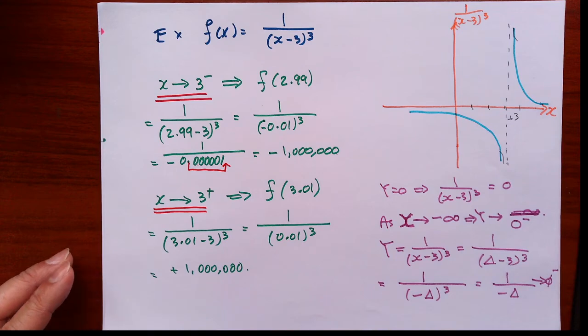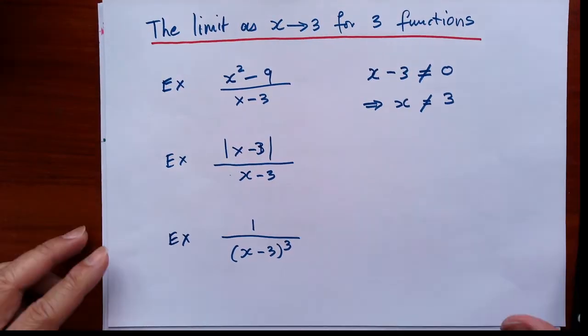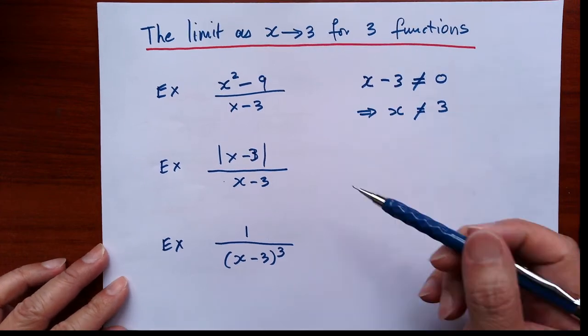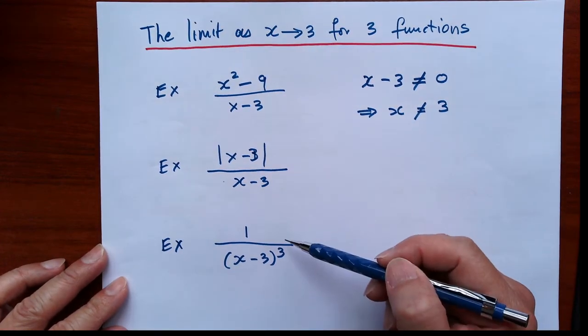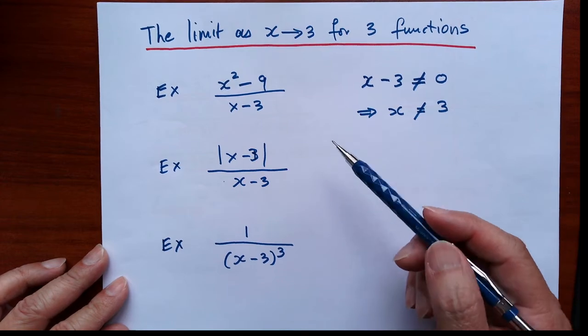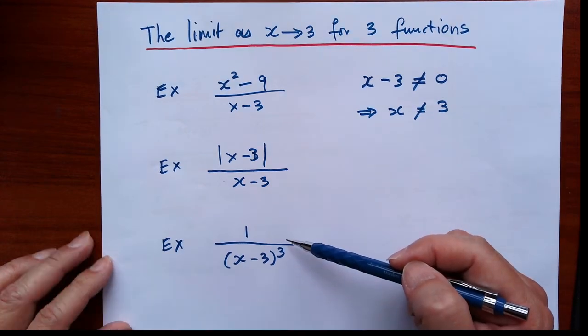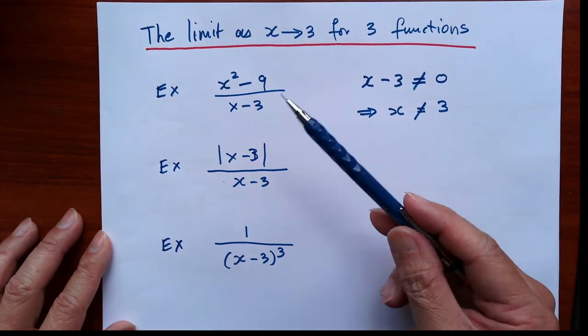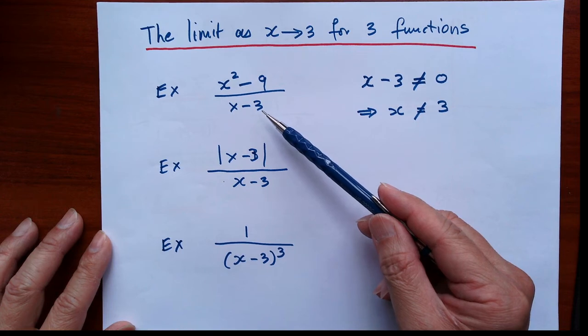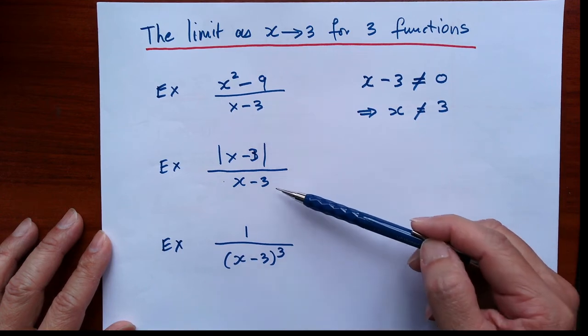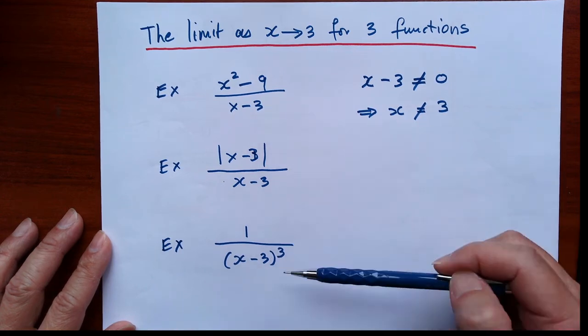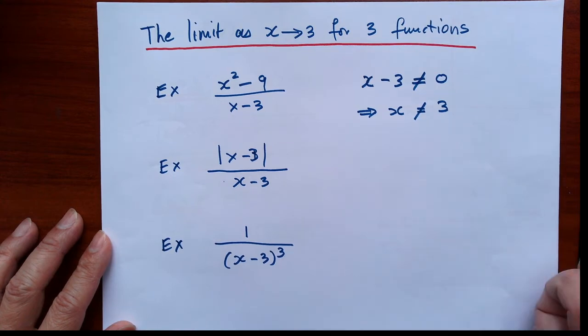So to summarize, what we have done is we have taken the 3 functions and shown you in each case how the function behaves, even though the denominator is the same, x minus 3. This is nearly the same, x minus 3 cubed.